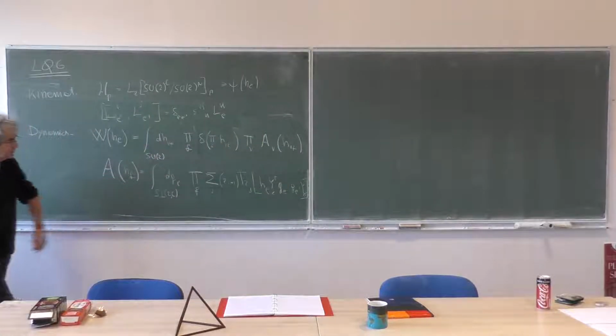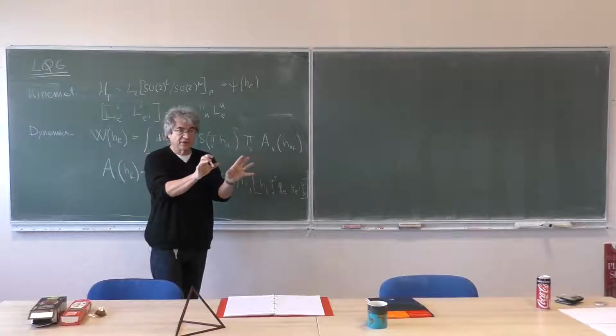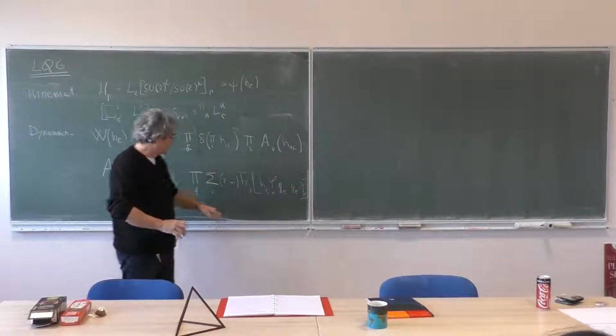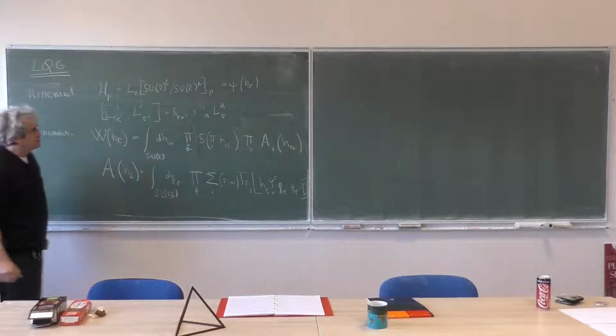Okay, where I gave explicitly the meaning of this formula here, just the contraction of two matrix elements, one for SU2, one for SL2C. So that's it. That's quantum gravity in one page.